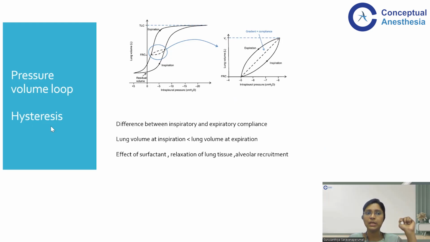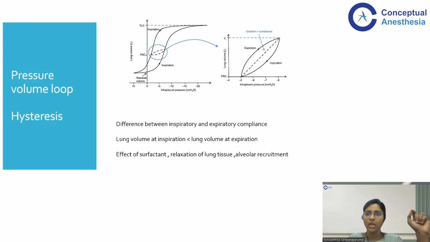And this difference in the curves and the formation of a loop, as these points do not share a common point, is called hysteresis. This happens because of the effect of surfactant, the relaxation properties of the lung tissue, and alveolar recruitment and de-recruitment, which happen simultaneously during inspiration and expiration.